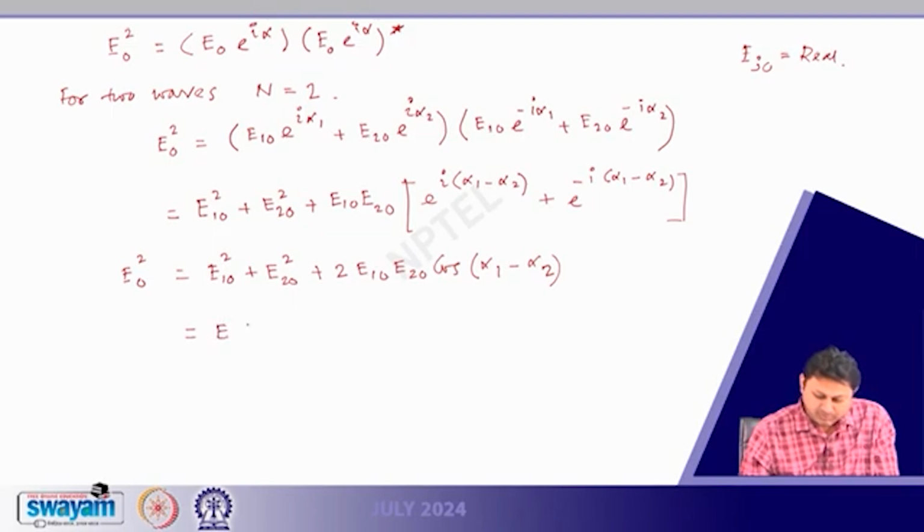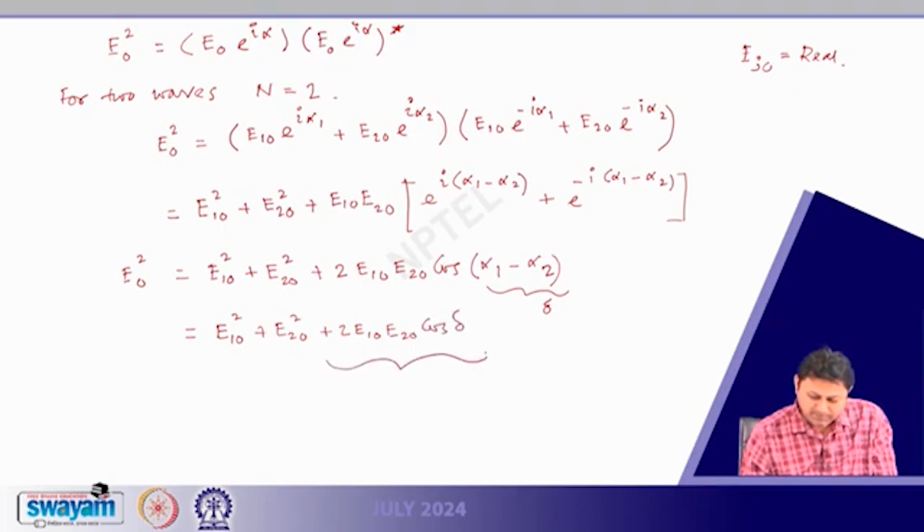So you may remember that if I put this as a delta, then it should be E10 square plus E20 square plus 2 E10 E20 cos of delta, and that is the interfering term we have.